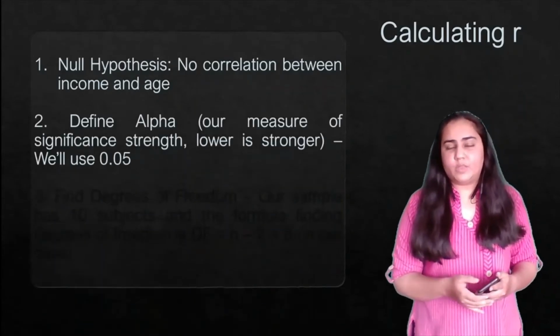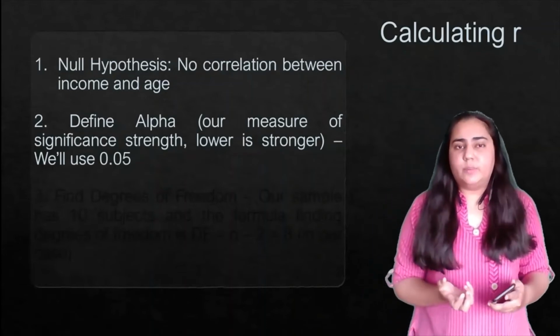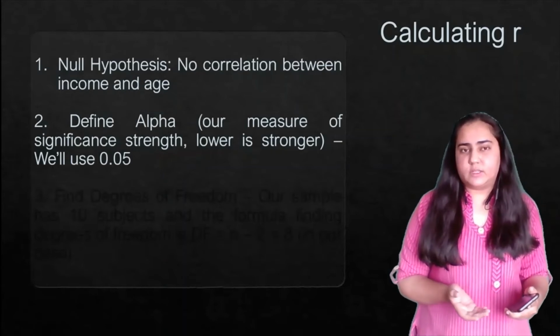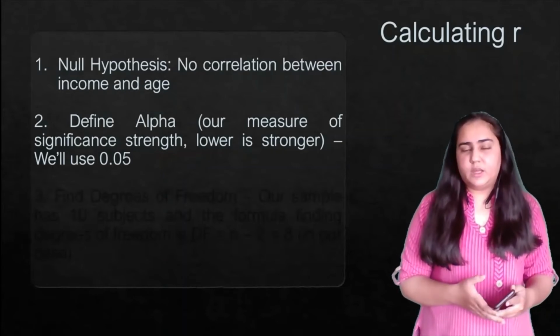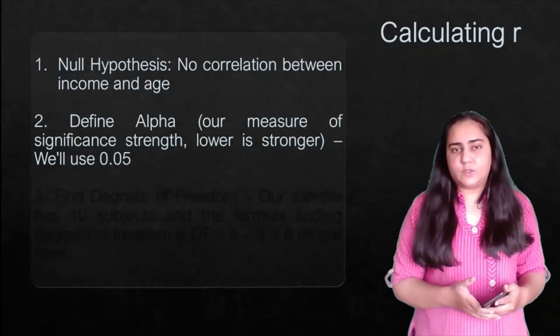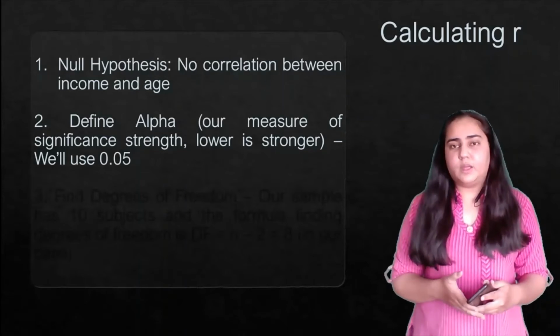The second step is to define alpha. It is our measure of significance strength. So a lower alpha is going to be a stronger alpha. So just like in the previous video when I talked about p-values, we defined a threshold value over there as well.